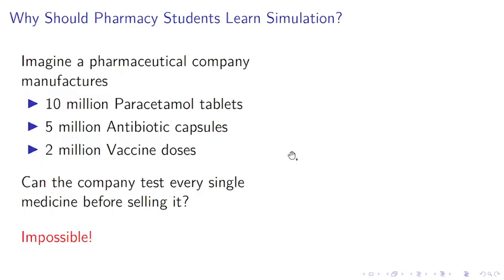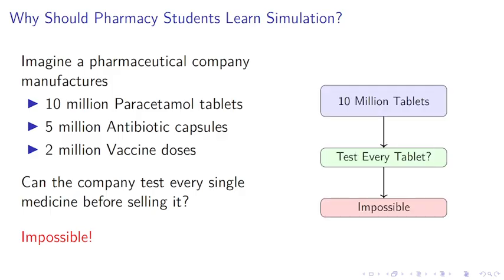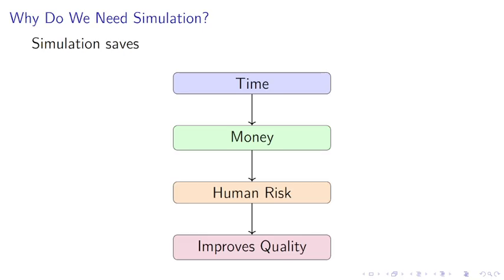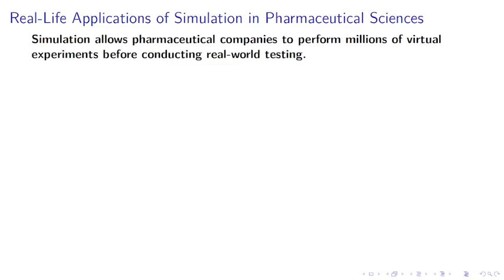It is impossible and it is meaningless also, because every tablet, before going to a particular use, must be tested and the dosage and the particulars of that tablet composition must be confirmed. So the simulation saves time, money, human risk, and improves quality.